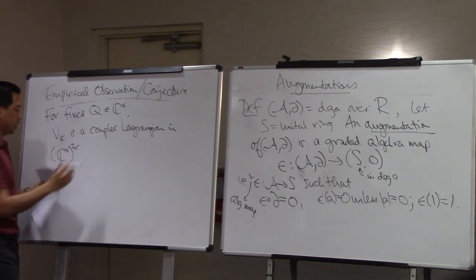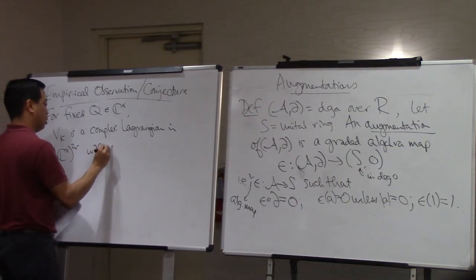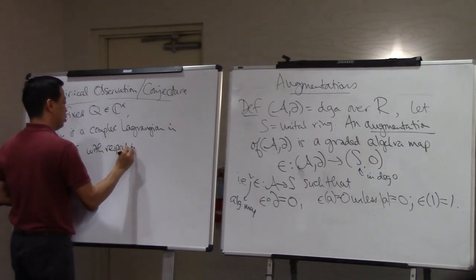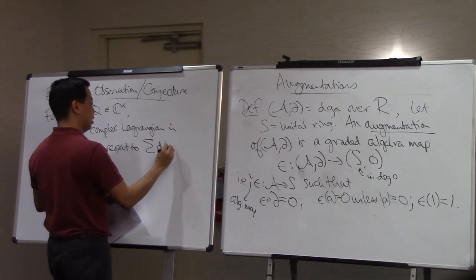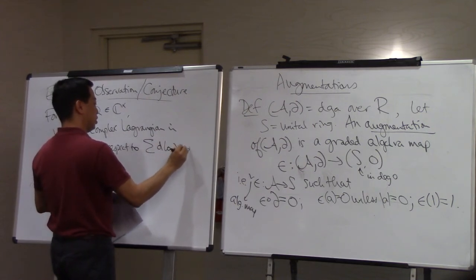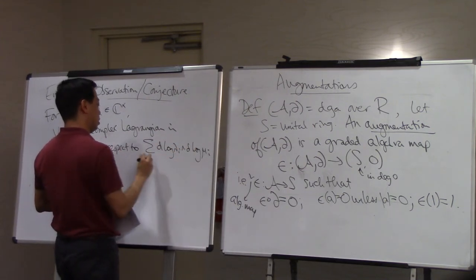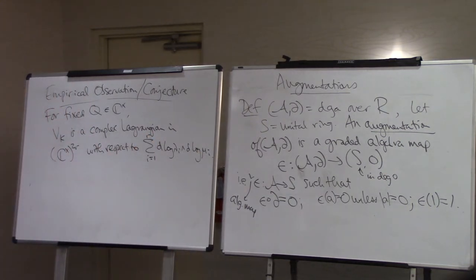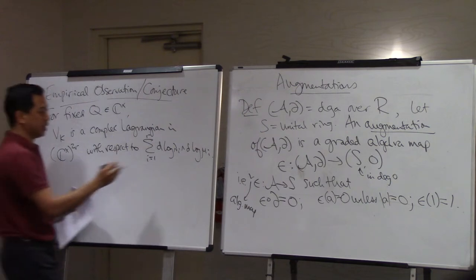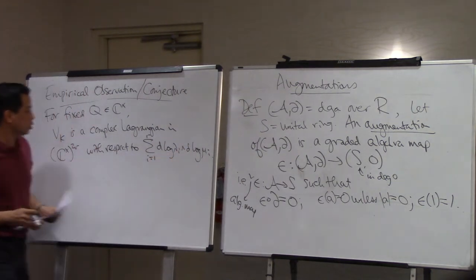Lagrangian with respect to what? To the symplectic form, which is probably not unexpected. And we'll talk next time about why this ought to be true.